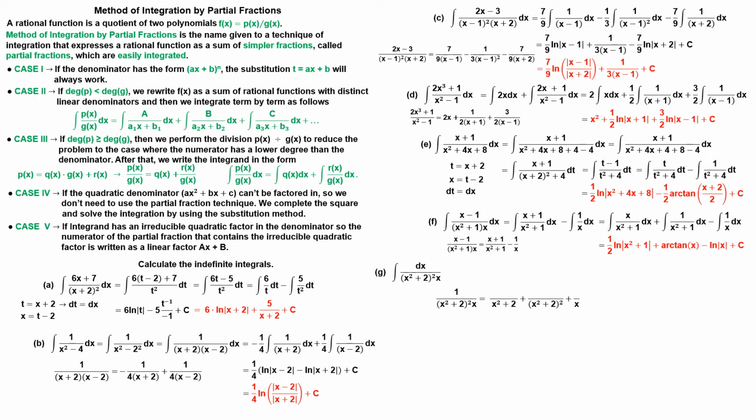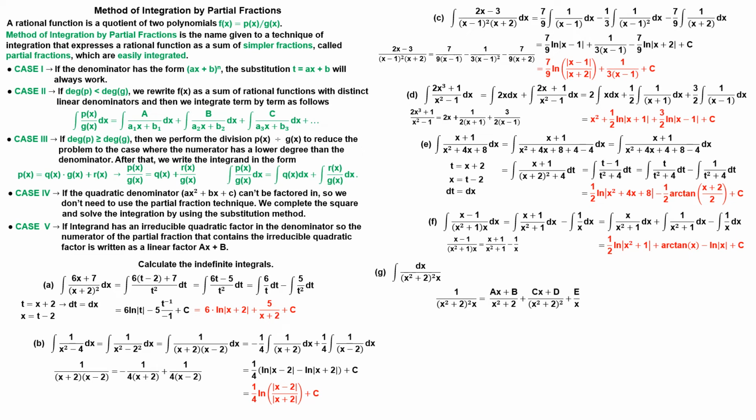So we get a partial fraction for the x. The irreducible quadratic factor has a power of 2. So we get two partial fractions for it, for the powers of 1 and 2. The partial fractions that contain the quadratic factor are written as a linear factor as follows.